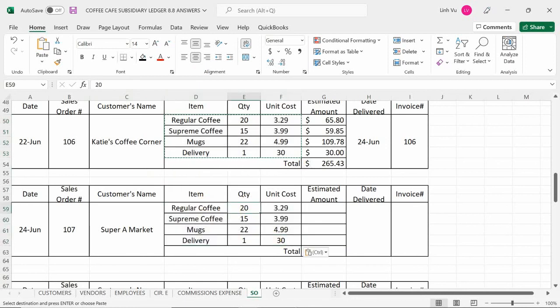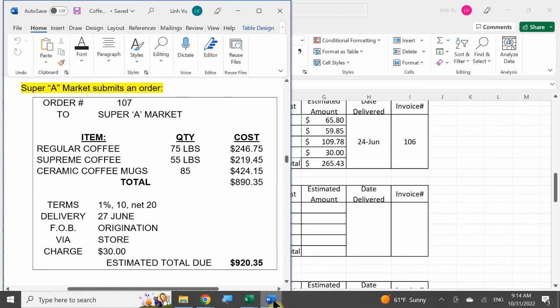Okay, so they wanted 75 regular coffee, 55 Supreme coffee, and 85 ceramic coffee mugs.